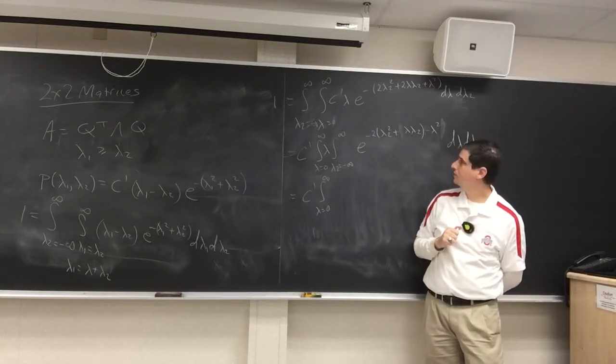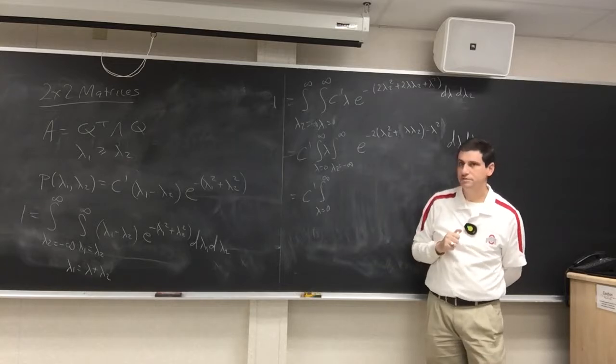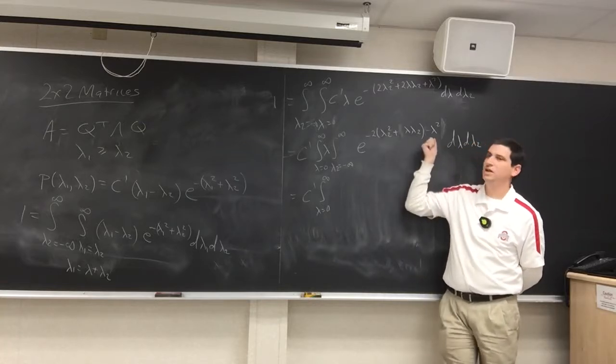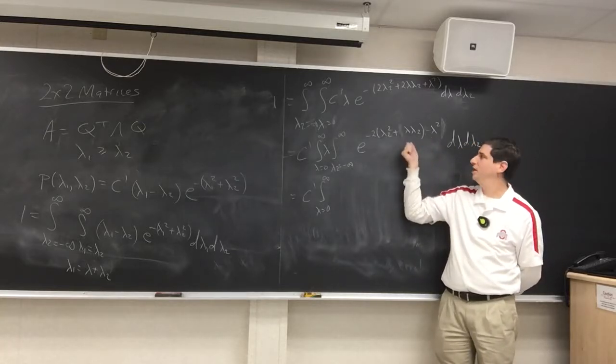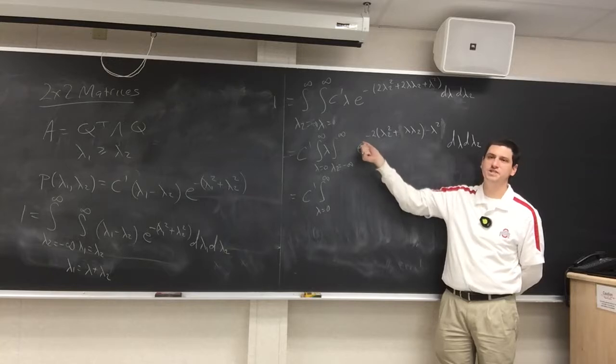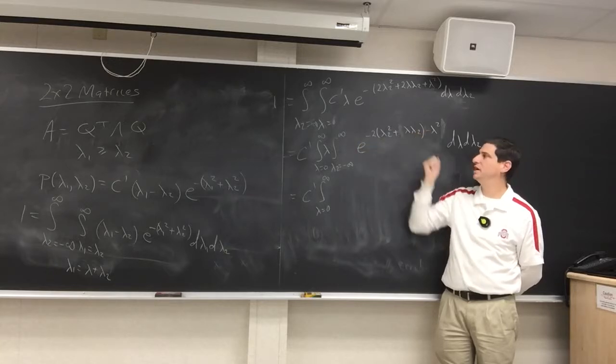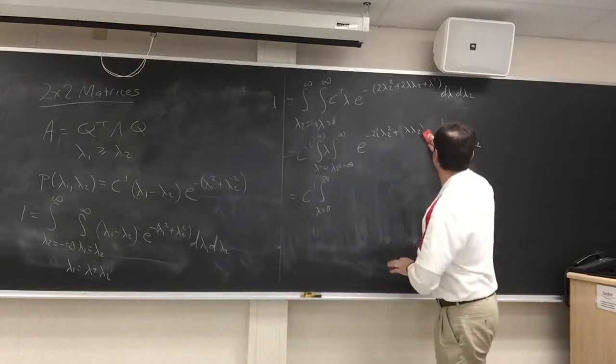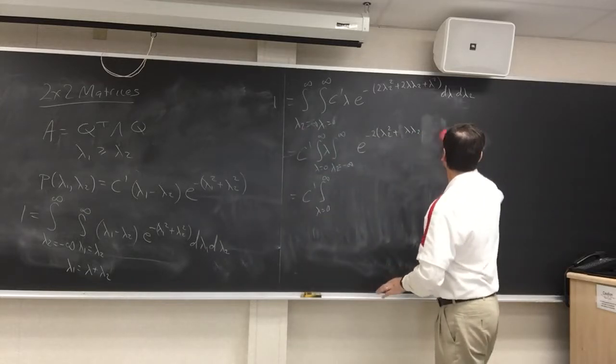And then what if we do... Why do we want to leave the negative lambda squared outside? Are we going to use that to complete the square as well? Well, now we're getting a difference of squares. We'll pull this outside to be the second integral. I can keep this in. Or a better way of doing this is to do it all in one step. It's not dependent on lambda 2.